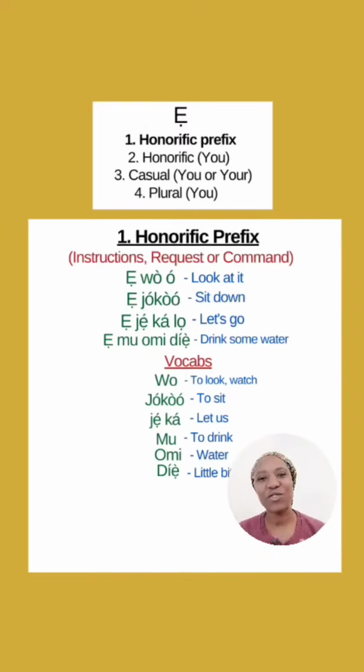And the last vocabulary in here is díẹ̀. So if you're looking at the word omi, oh, well done, you tried, but it is re, because it sounds natural. Omi, re.